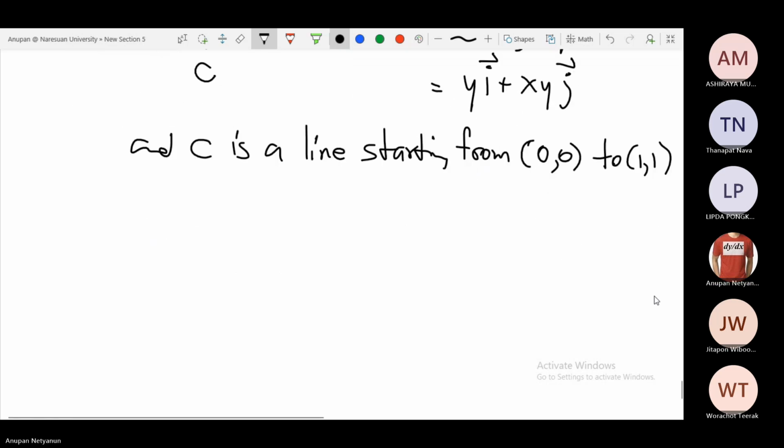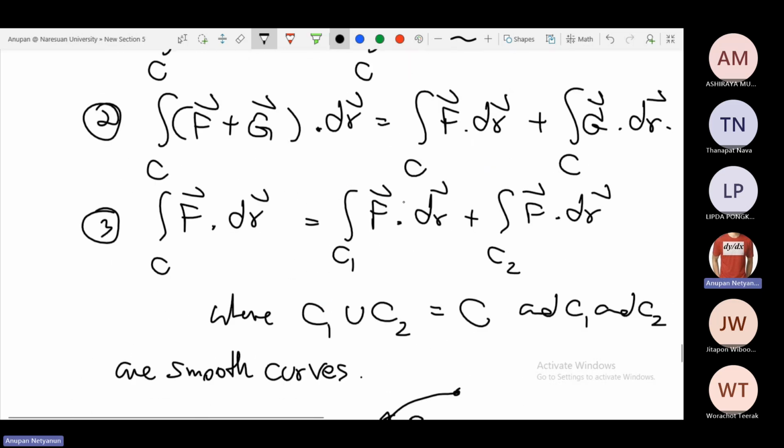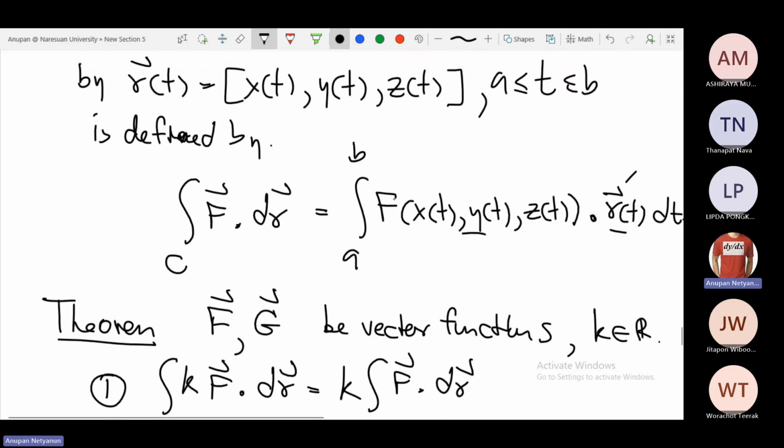So your C looks like this: 0, 0 to 1, 1. Okay. Now, let's go back and look at the line integral.